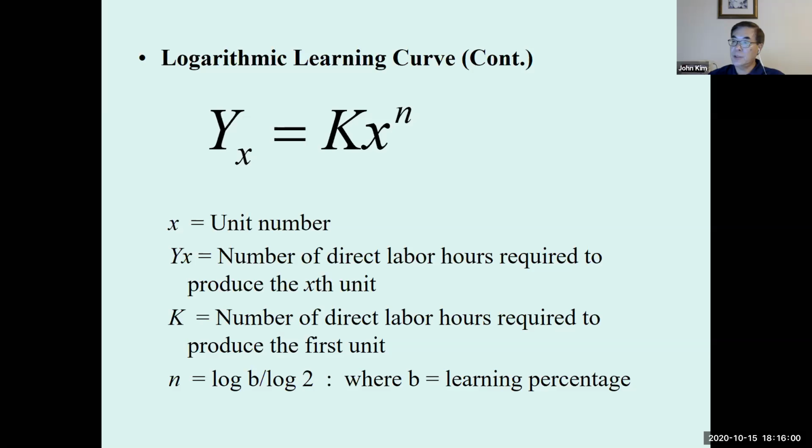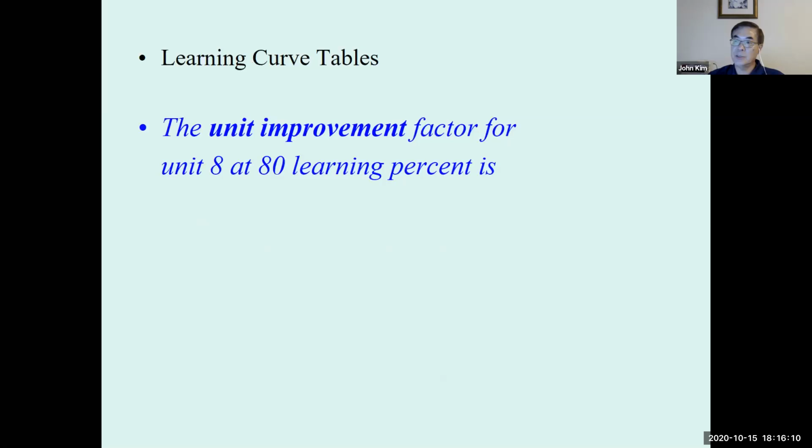And then another approach to get unit price, unit cost, unit time is using the learning curve table. The unit improvement factor for unit 8 at 80 percent learning percentage. In that case, we can use the learning curve table that is attached in your lecture notes.